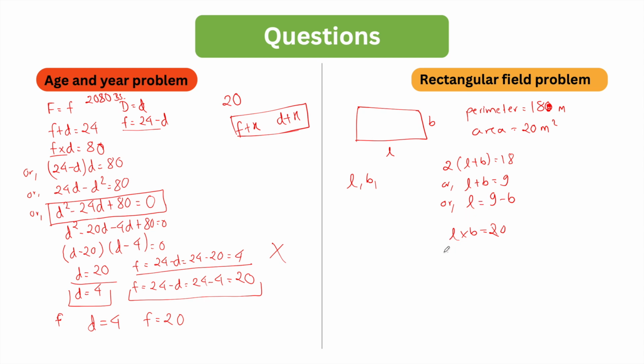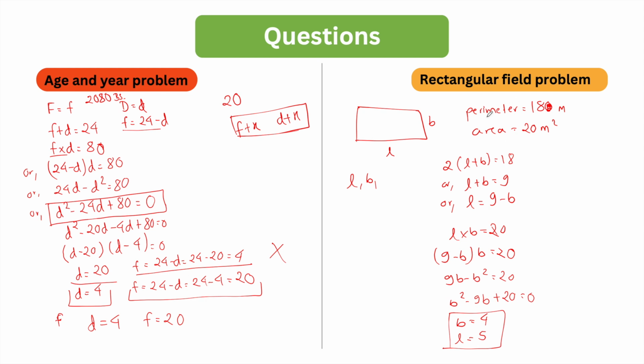Now putting the value of L, (9 − B) × B = 20, and now 9B − B² = 20, or B² − 9B + 20 = 0, and from this you will solve to get breadth = 4 and length = 5. Okay, so this is about the rectangular field problem.